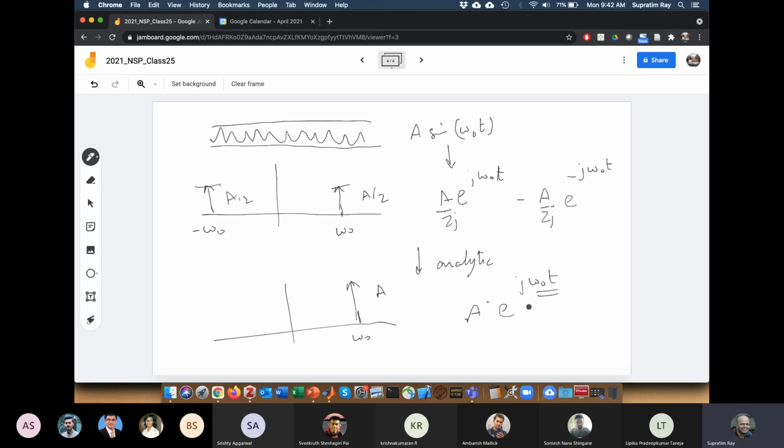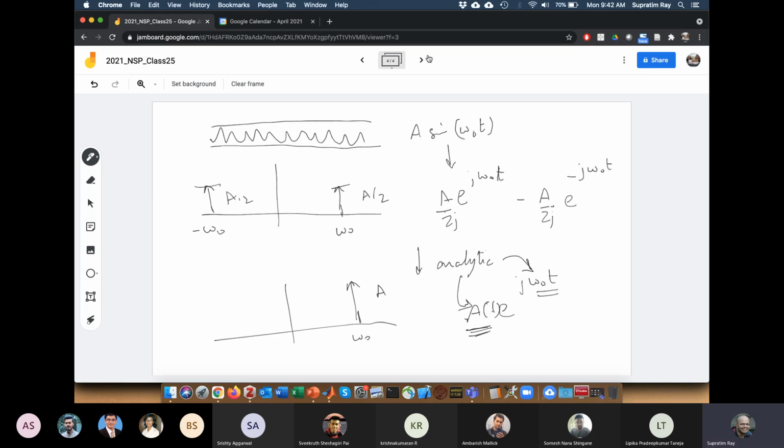So it has a linear phase and a constant amplitude. So if I compute the analytic signal and ask what its instantaneous phase is, it's this, it's linear. Its instantaneous amplitude is just A.